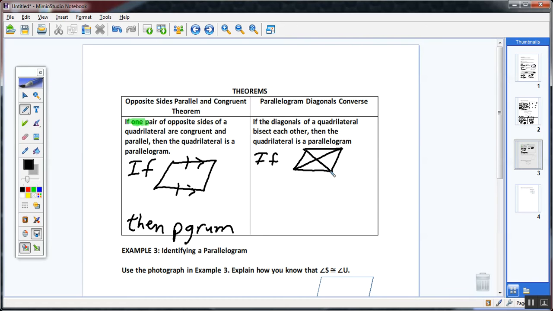If your diagonals bisect each other, in other words, this distance and this distance are the same, and this and this are the same, meaning that each segment of a diagonal is the same length at the point where they intersect, well, then this must be a parallelogram.